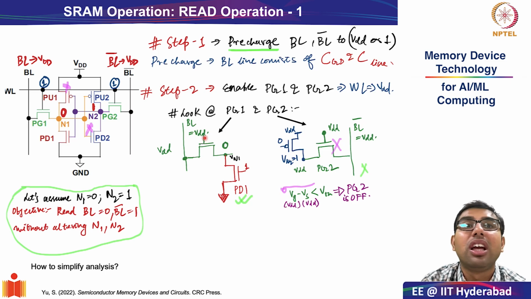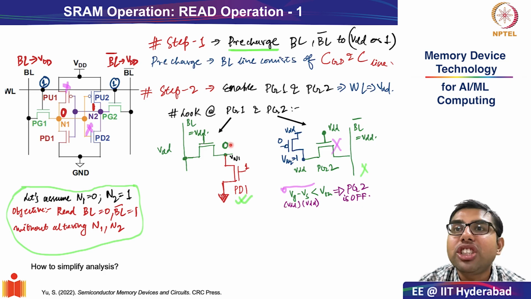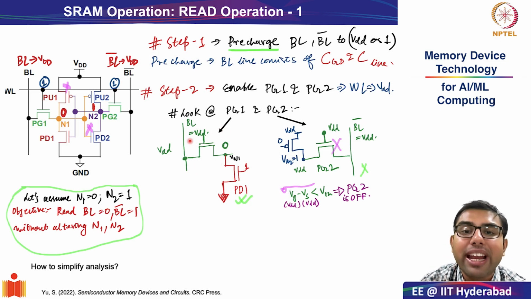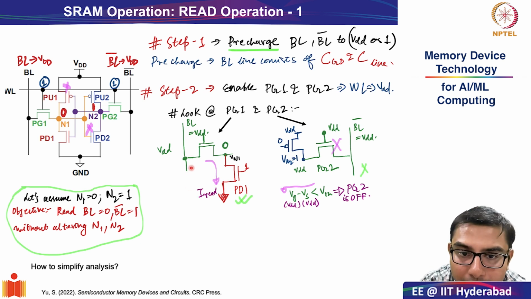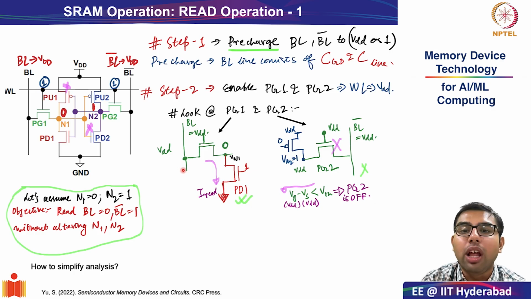It is VDD. So here VGS is VDD minus 0, which is much greater than VTH, and therefore the NMOS here, which is the PG1 NMOS, will turn on. Therefore, a read current will flow from the bit line into the storage node.